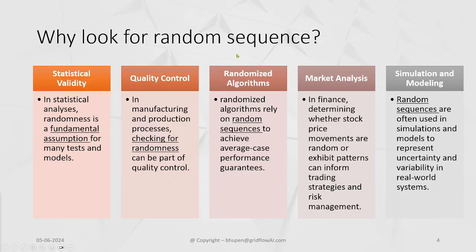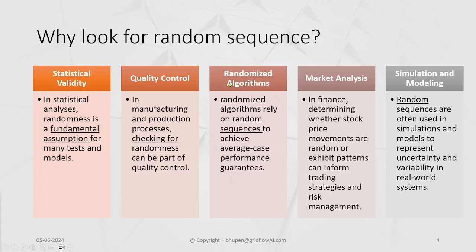So why do we look for a random sequence? More for statistical validity. For many statistical analyses, randomness is a fundamental assumption. In quality control, when we look at production processes, we need to check the randomness of data in the quality control evaluation methods.